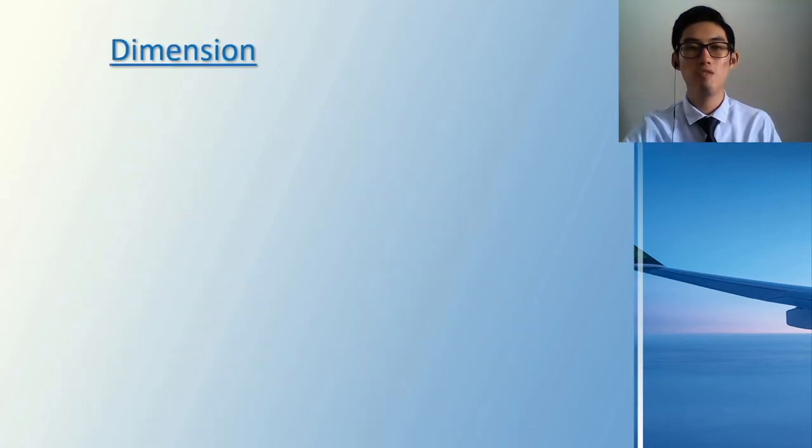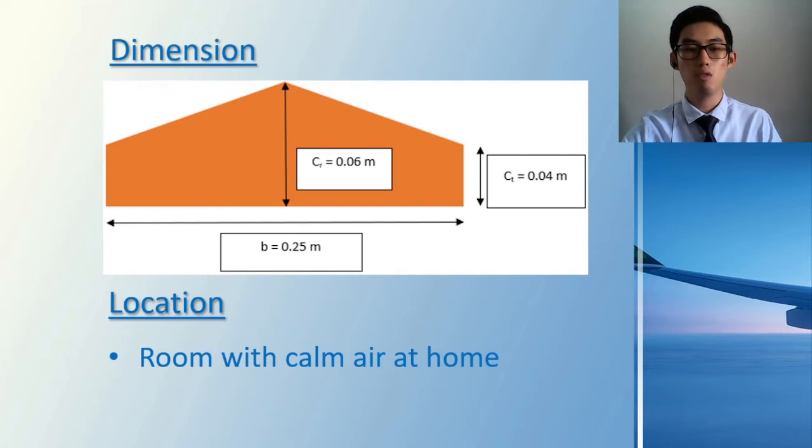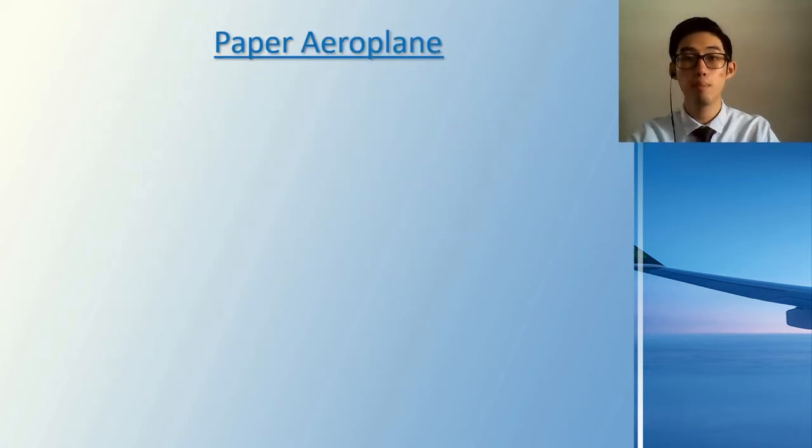The dimensions of my paper aeroplane are b equal to 0.25 meter, CR equal to 0.06 meter, and CT equal to 0.04 meter. The location for me to conduct my flight test is my room with calm air at home. I made two paper aeroplanes.